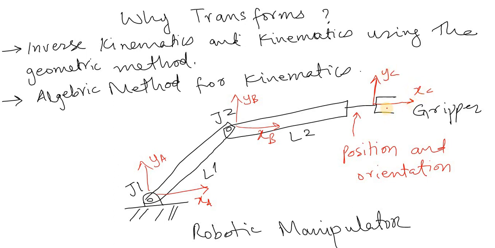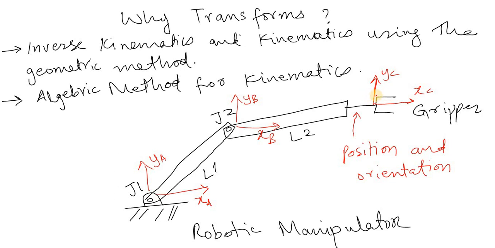To find the final position and orientation of your gripper, we need to find the position and orientation of the frame attached to this gripper, which is frame C, or you can also call it a body coordinate system.